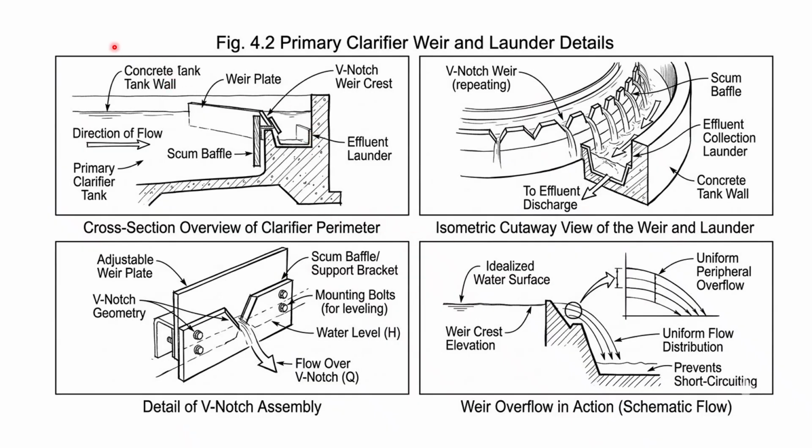Okay, here's a little more detail on the weir. So here, for example, on a rectangular basin, you basically have the wastewater coming in. It's the supernatant. You can have a scum baffle, and the weir plate, the effluent is going to be decanted, or the supernatant is going to go over the weir plate, and there's a little effluent launder, which, like I said, is just a little ditch.